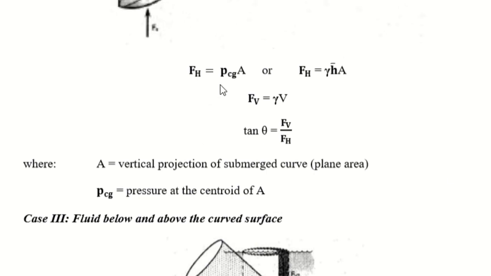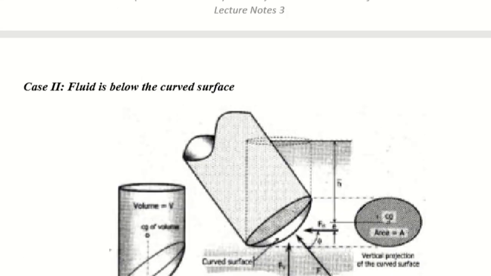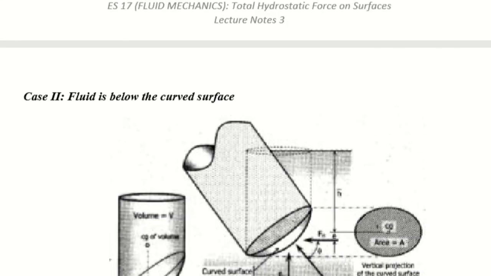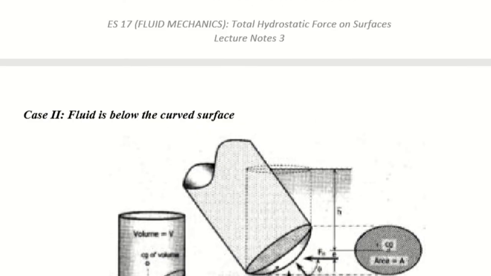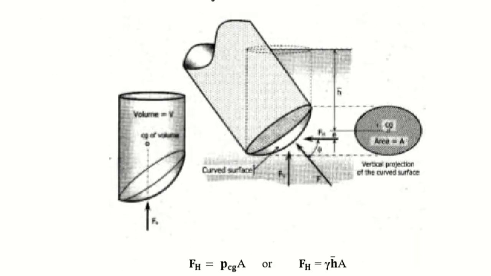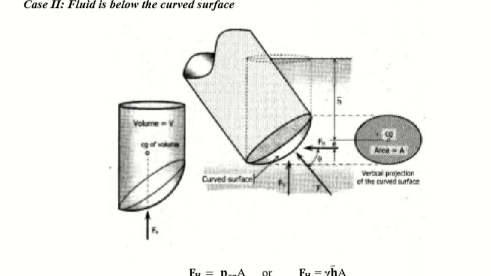Tapos ito yung formula. FH is equal to PCG times A, or FH is equal to gamma H bar times A. Or FV, FH, ito yung force at horizontal. Take note, yung pinagkaiba ng inclined surface sa curved surface is that sa curved surface mayroong X and Y components yung forces natin.